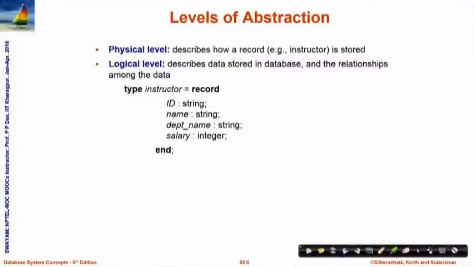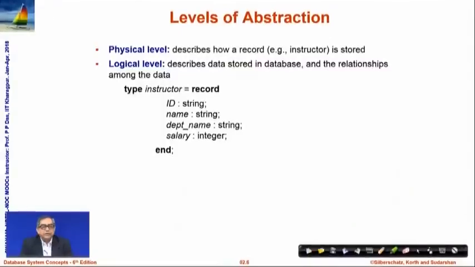So, here we have a field to describe the ID, the identifying number or string of an instructor. We have the name of the instructor, the name of the department, the salary, and so on. So, logically this is the entity, this is the record, or this is the structure of a record that I want in a logical way.